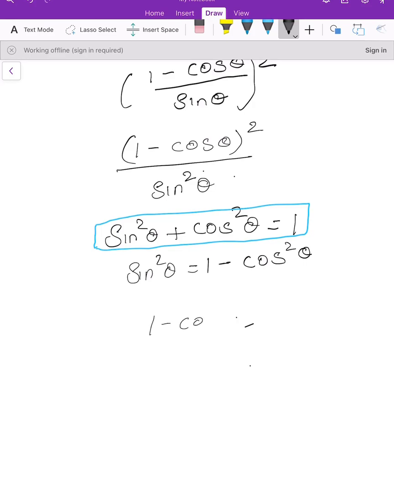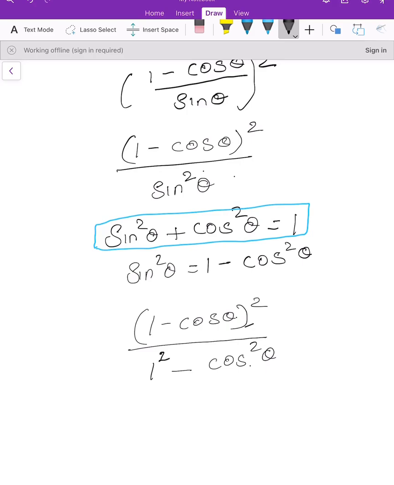So (1 minus cos theta) the whole square divided by sine square theta is nothing but (1 minus cos theta) the whole square over 1 minus cos square theta. 1 can be written as 1 square.